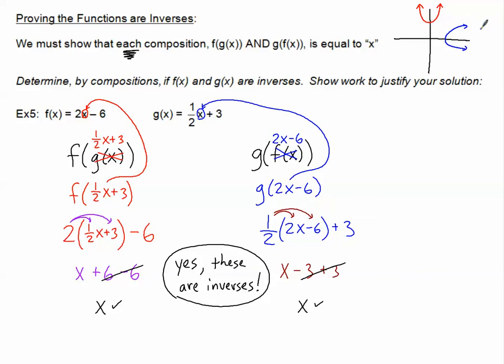We found out that inverses were exactly symmetrical around this diagonal line, and that diagonal line is y equals x. And that's the reason why our algebraic techniques, the compositions, have to be equal to x, because they're symmetrical around y equals x. That's why it's x.